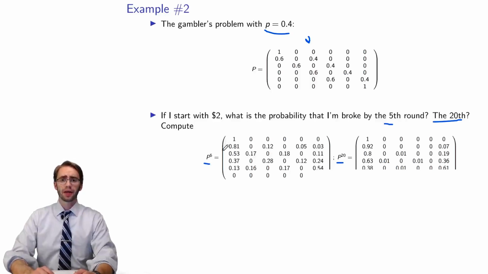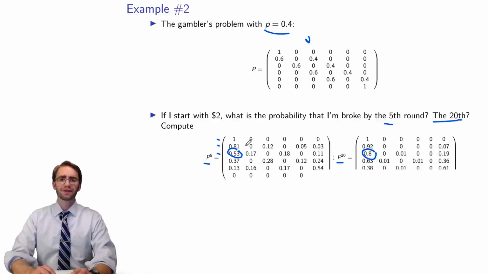So I start with $2, which means I would look in the 3rd row here, depending on how you index things. Remember, the top row means state 0, you have no money, so that'd be 0, and then 1, and then 2. That's where I started. And the probability that I'm broke is the probability in the first column here, the leftmost column. So that's either 0.53 or 0.8, respectively.